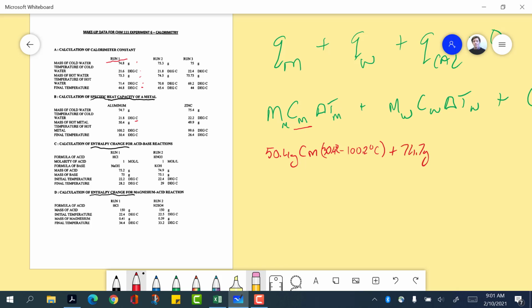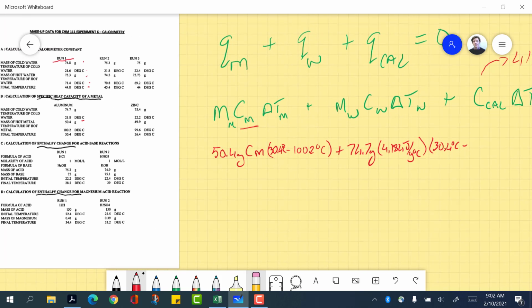The specific heat of the water is 4.184 joules per gram degrees Celsius. And for the change in temperature of the water, the final temperature is going to be 30.4, and the initial temperature, right off the table here, is going to be 21.8 degrees.